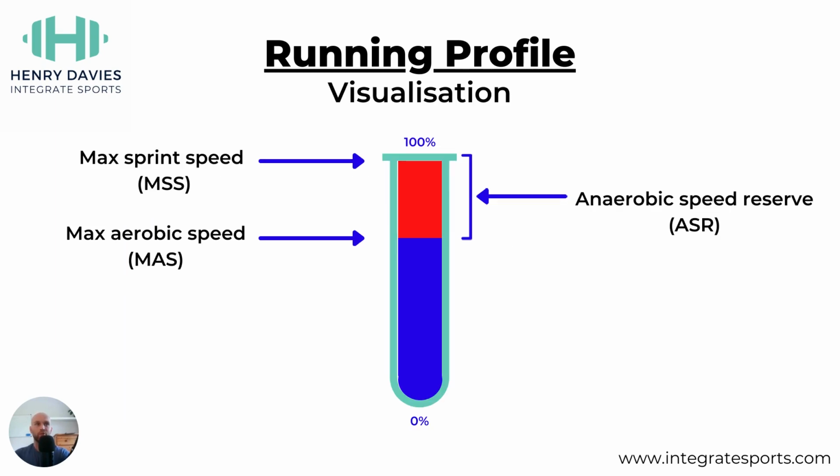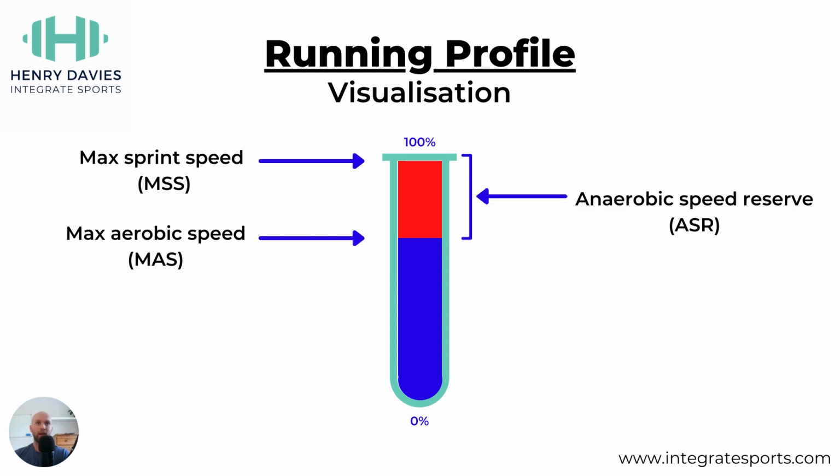This is a simple visual I've put together just to explain some of these terms. You can see them and what they really mean. So if you imagine someone's running profile looking like this, with the very top of this tube, if you like, of speed at 100% of someone's capability of running speed, that is our maximum sprint speed.